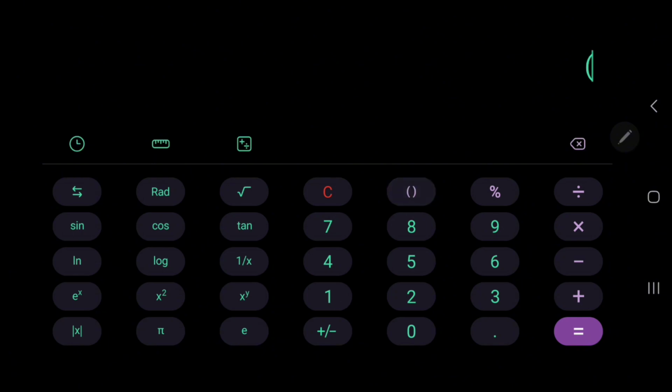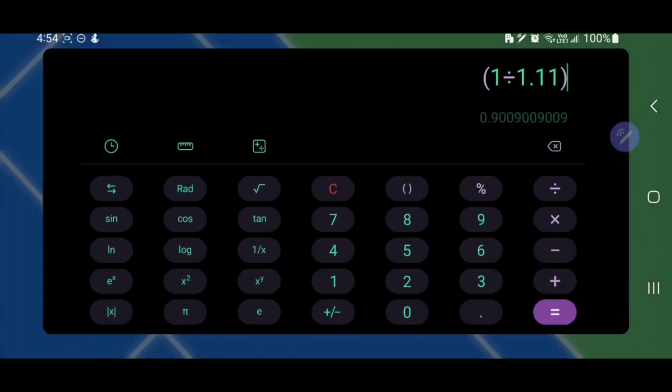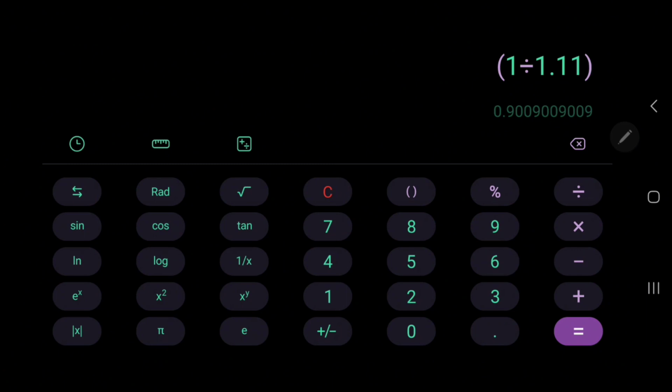So let's put 1 divided by 1 plus the interest 11%, to the power of 1. For this one the discount factor is 0.90. And for the second year, we use this one and we add power of 2.